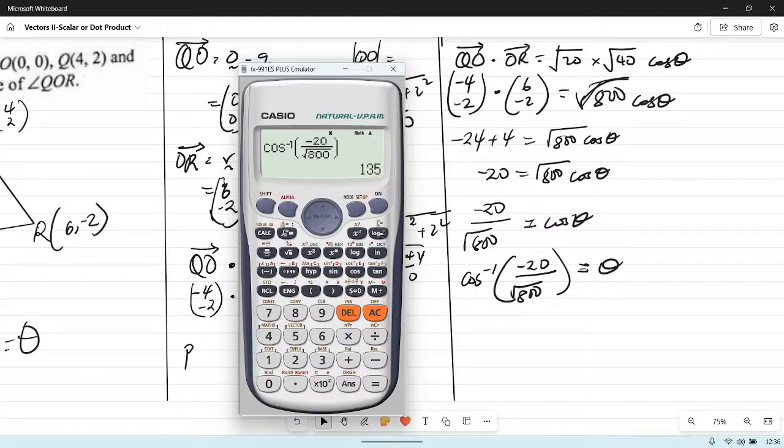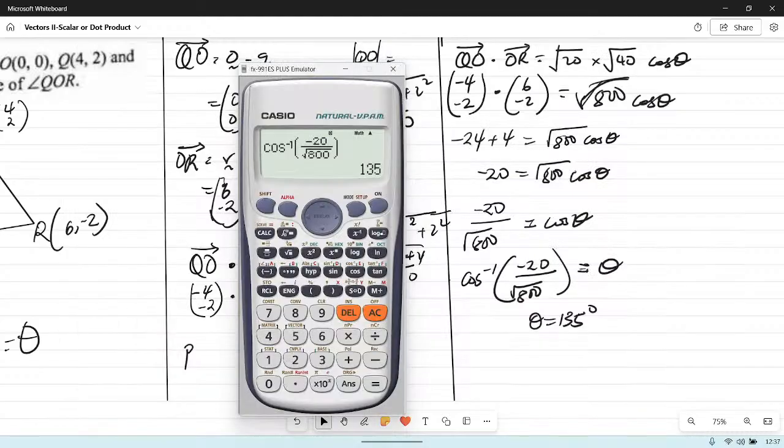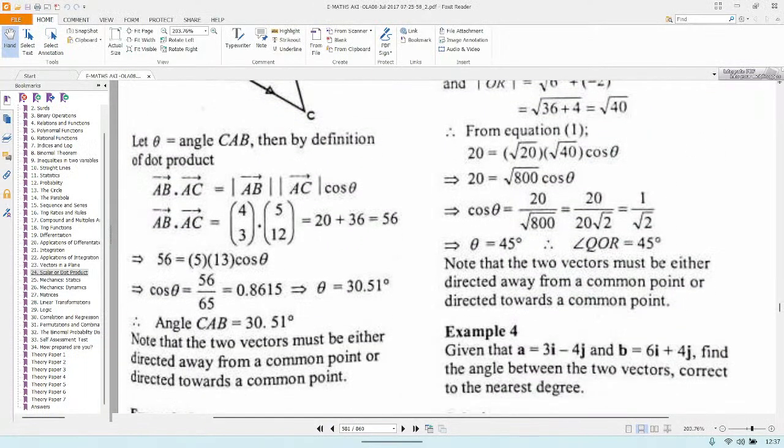What are you getting? 135. Let's see, I had the angle as 45.